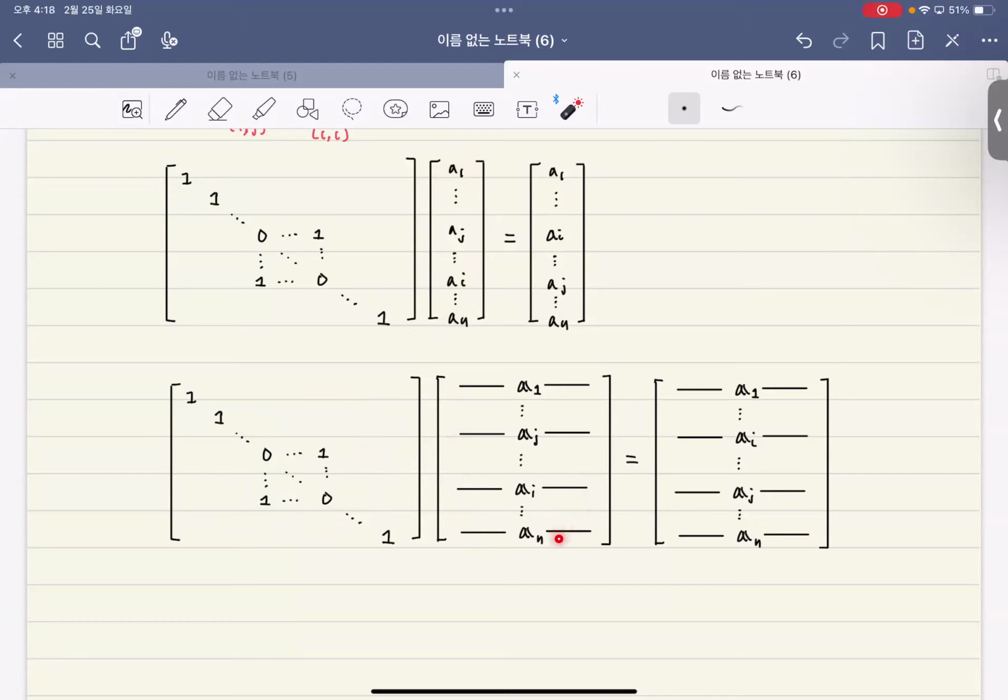Then, because of exactly the same logic, multiplying this is the same as exchanging the order of these two rows, right? This is the reason that I am calling this matrix a row exchange matrix, because multiplying it to the left of any given matrix just exchanges the order. So this achieves an elementary row operation, right? This is also part of the elementary row operations.